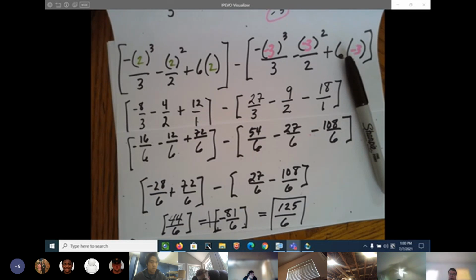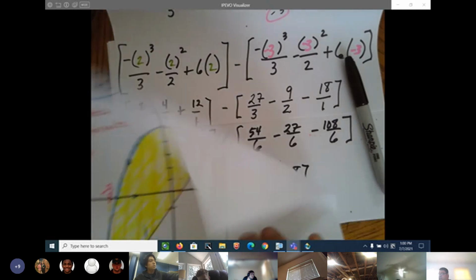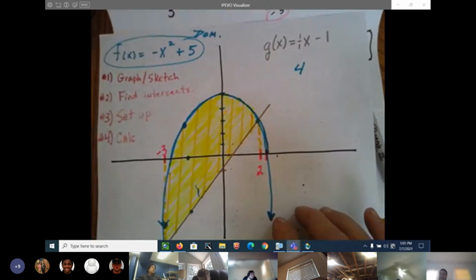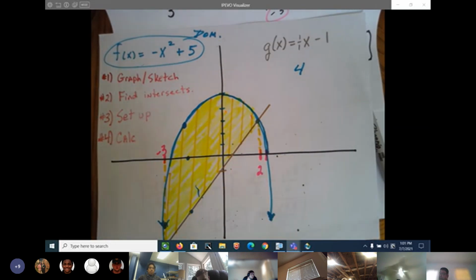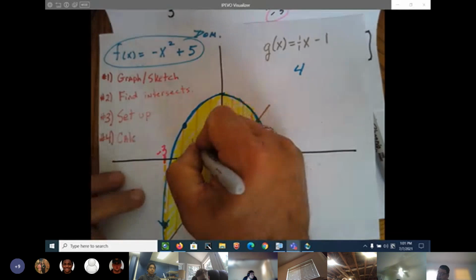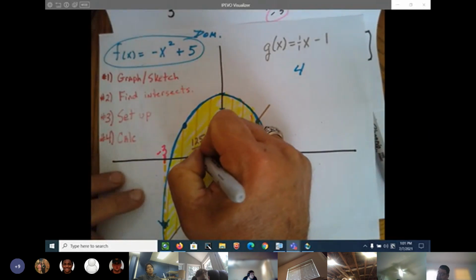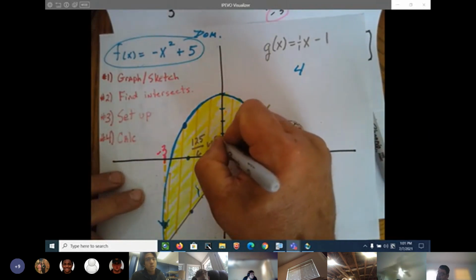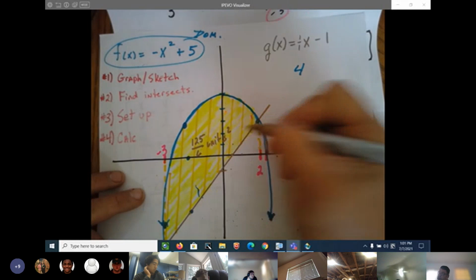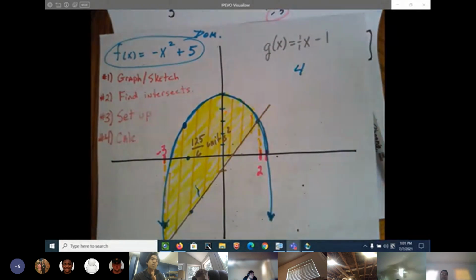So the area under this curve is 125/6 square units. Somebody divide 125 by 6. What do you get?